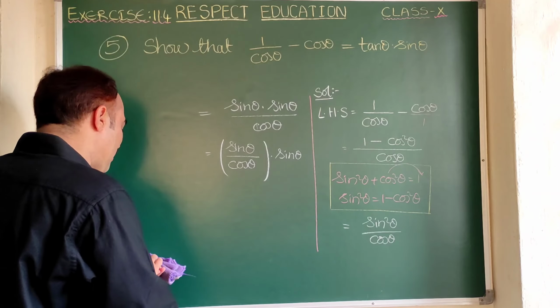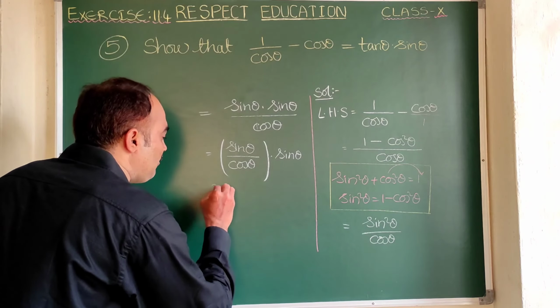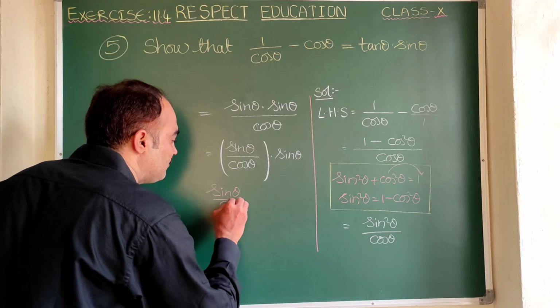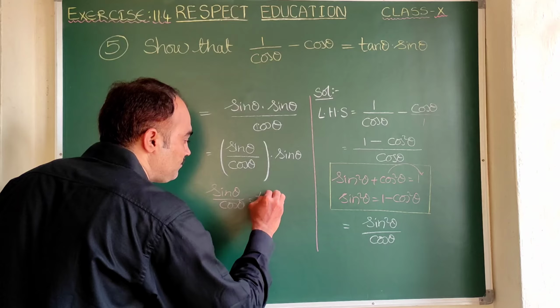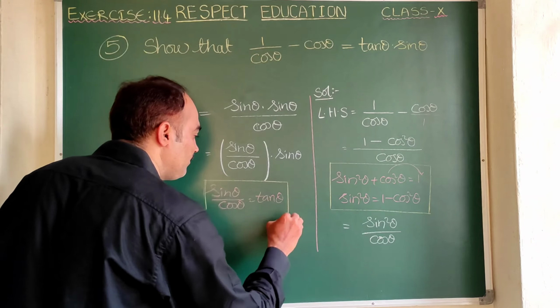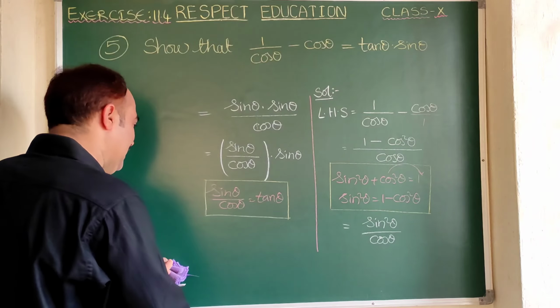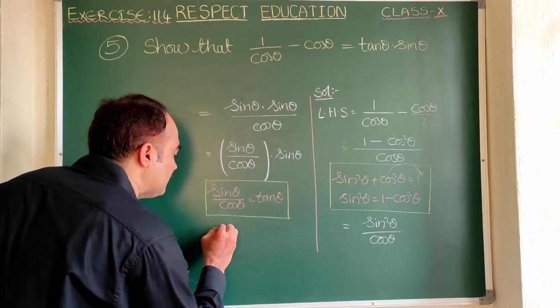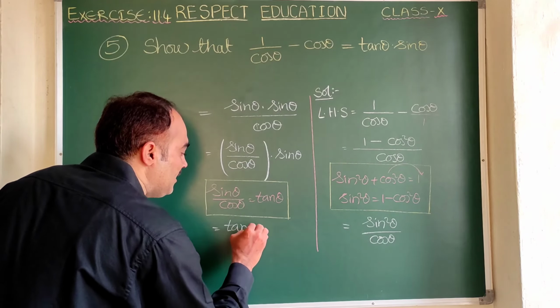Now as we know the formula, sin theta by cos theta can be written as tan theta. So based on this formula, let us replace sin theta by cos theta with tan theta into, let us write the sin theta as it is. Now here you observe what is to be proved.